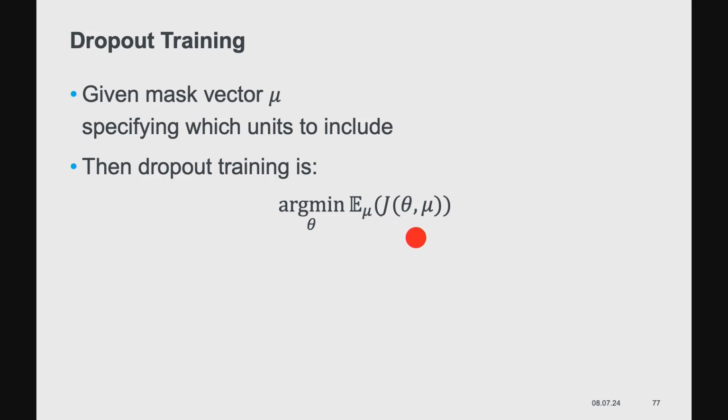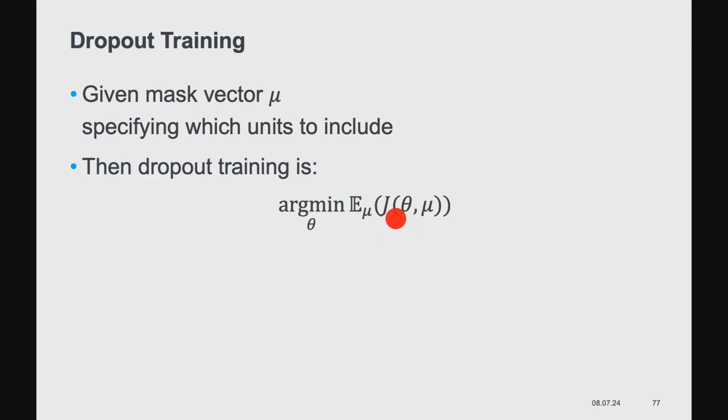So the expected value of the loss is, if you sample from all possible masking vectors, what is then the expected loss? Well, it's a kind of averaging over the different masking vectors. And every masking vector is a different network. So it's an ensemble of networks.